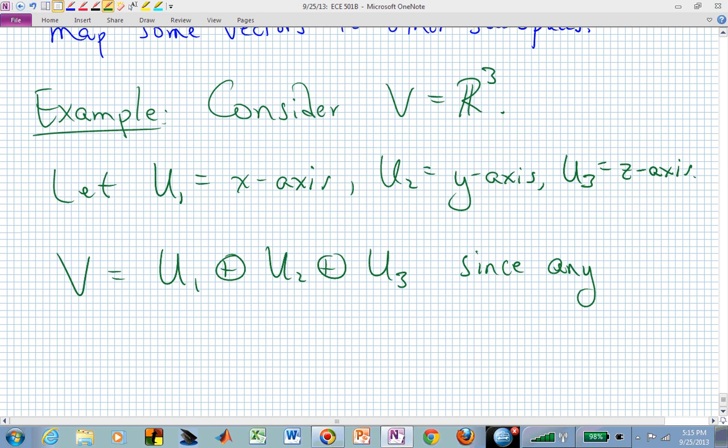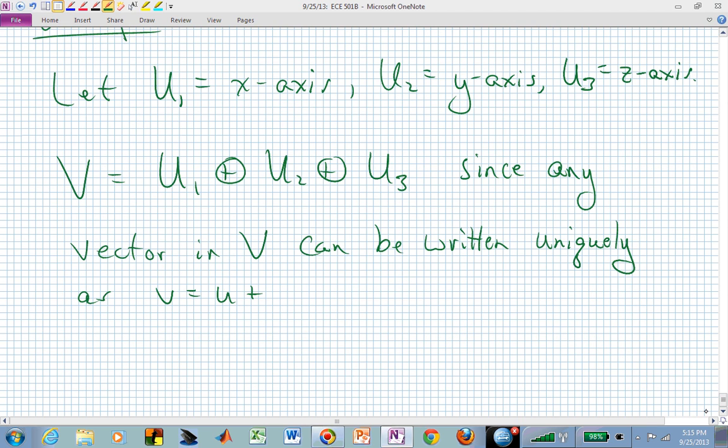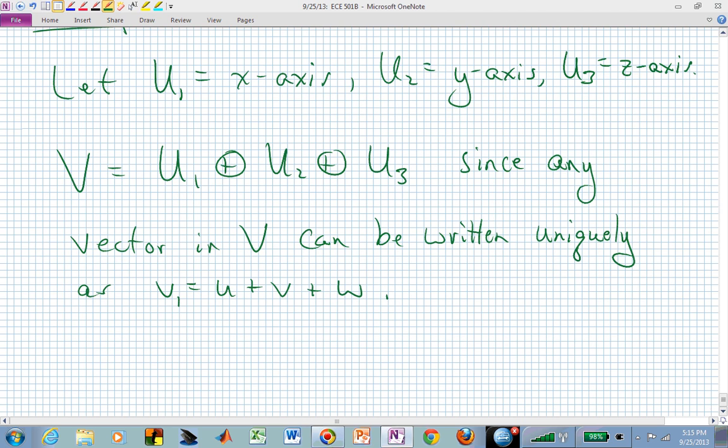That's a direct sum of U1, U2, U3, since any vector in V can be written uniquely as V1 equal to U plus V plus W, with U an element of U1, V an element of U2, and W an element of U3.